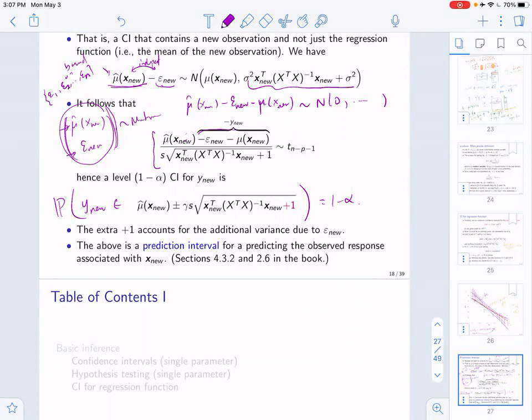Okay. Can I say the denominator part is just standard error? Yes, it's a little bit tricky.